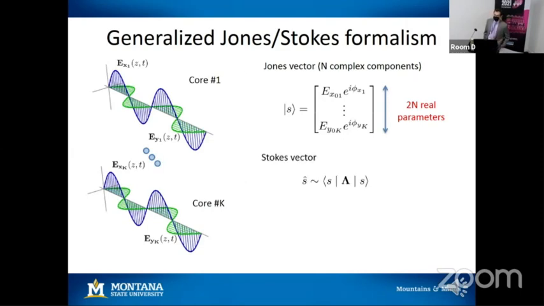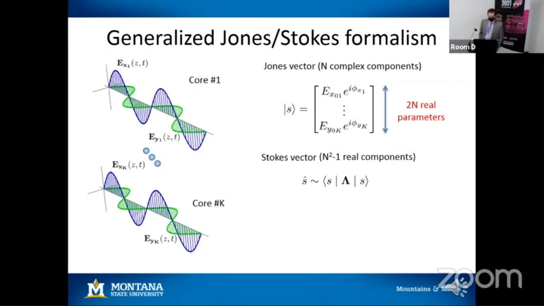Okay, the Stokes vector is this quadratic form where lambda denotes the Gell-Mann matrices. And there is a normalization constant to make it into a unit vector. Now it turns out that this transformation gives us n squared minus 1 real components.